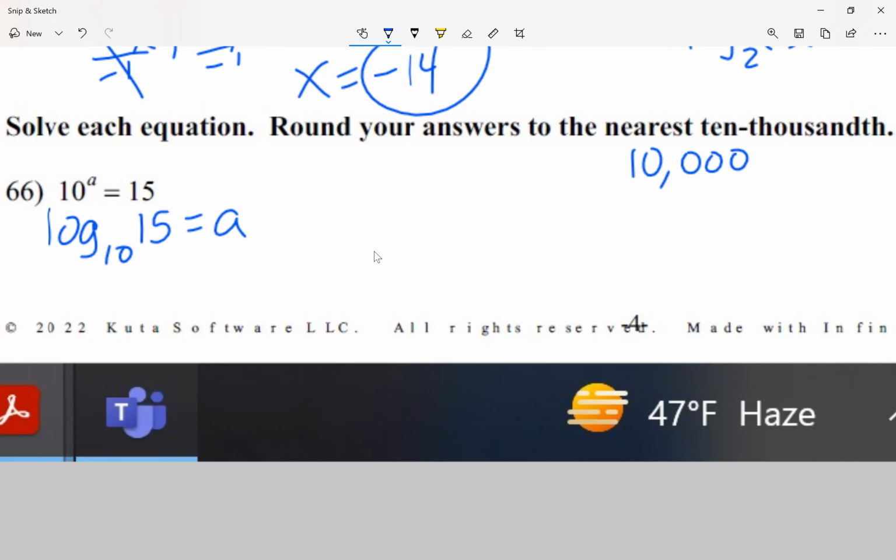Now, if you can type this in, log base 10 of 15, just type it in. All of our calculators, when we don't see the base, it is log base 10. Let me grab my calculator out.